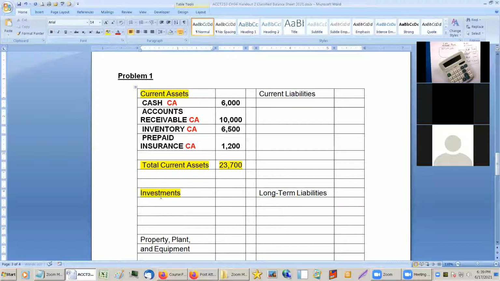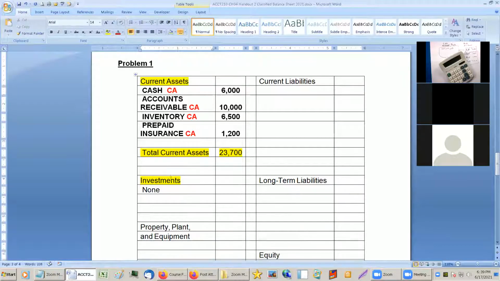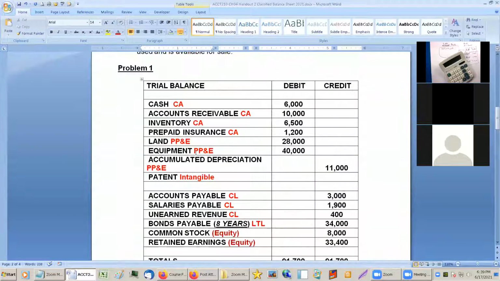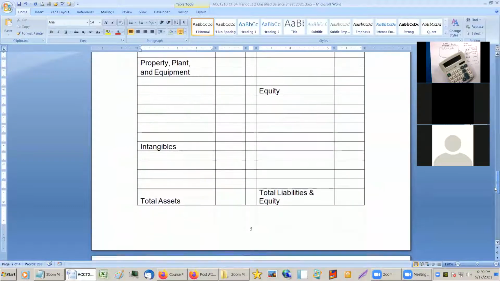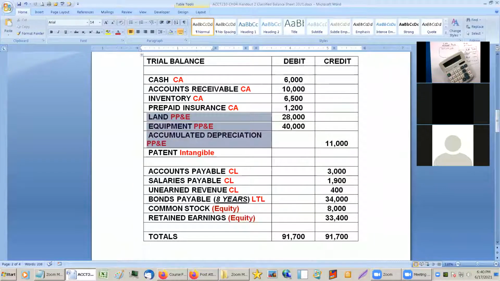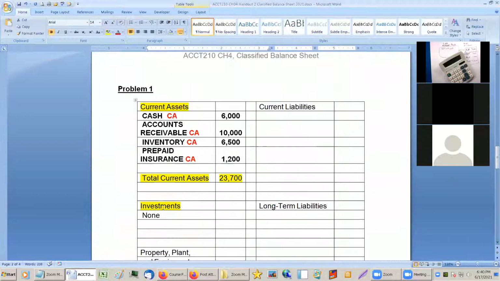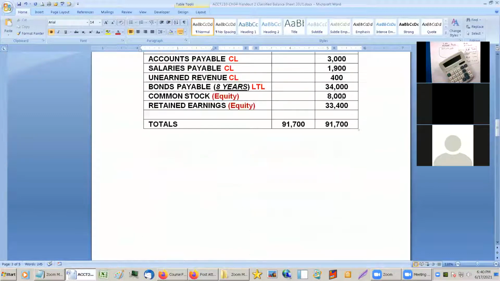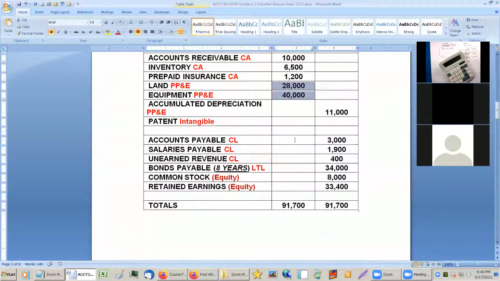Investments, we don't have any, so this will just be none. Property, plant, and equipment, we have some. All right. Let's see. 2840 and a minus 11,000.